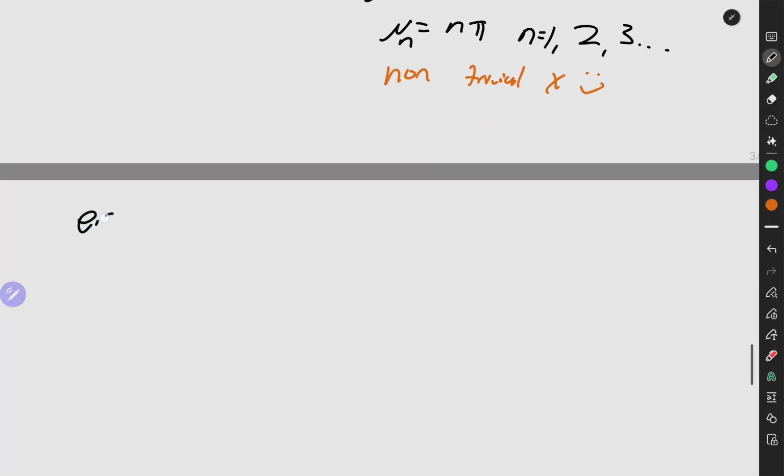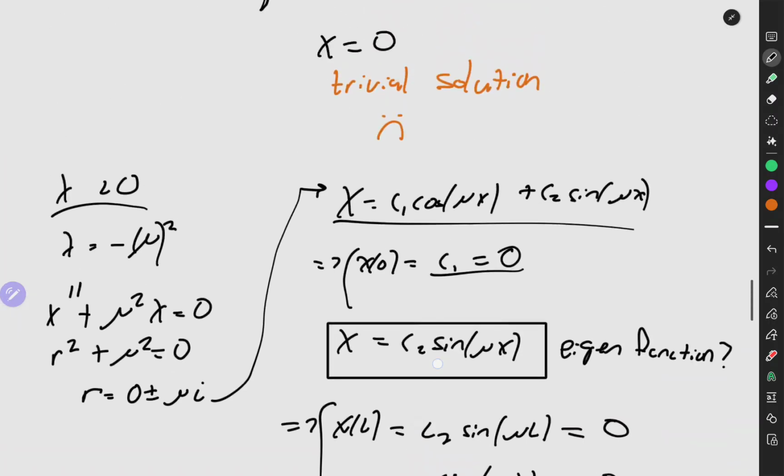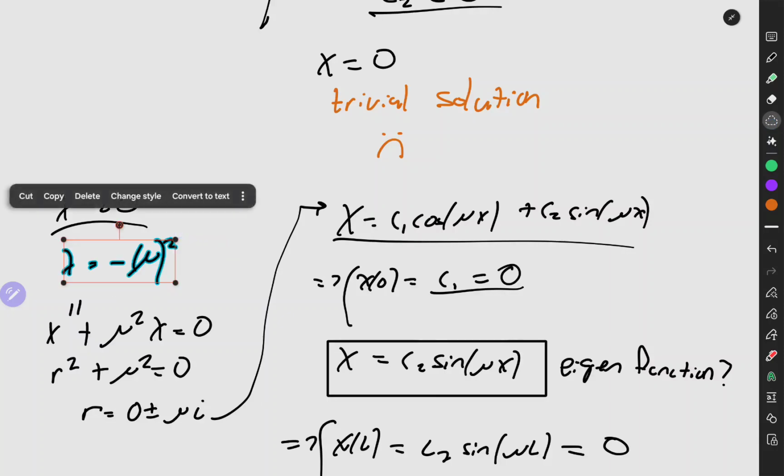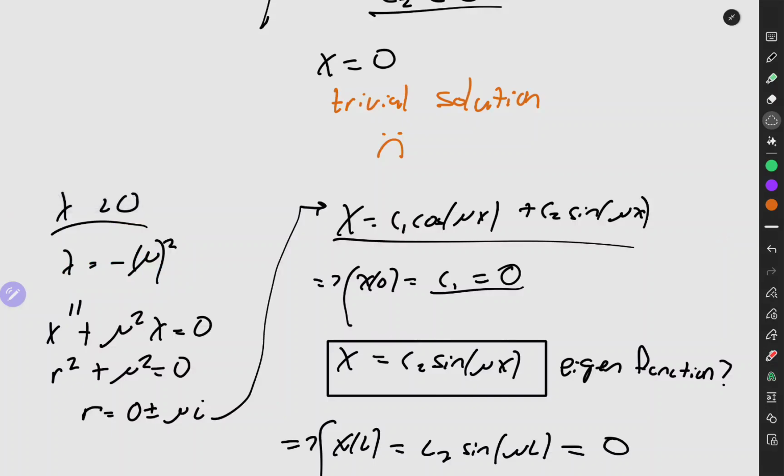Let's look at this. So we want the eigenvalue. Eigenvalue is just our lambda value up here. Say you picked lambda squared for your separation constant. Well, then you just take the square root of whatever you put on the right hand side.